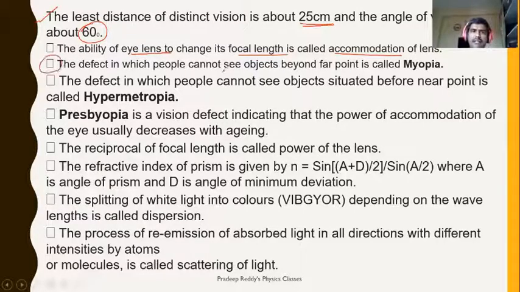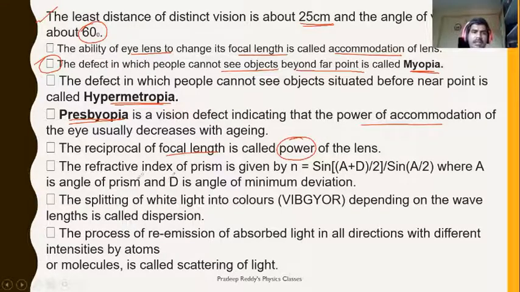The defect in which people cannot see objects beyond the far point is called myopia. The other defect is hypermetropia. Myopia is short sight and hypermetropia is long sight. Presbyopia is another kind of defect occurring due to the power of accommodation of the eye. The reciprocal of focal length is called power of the lens.